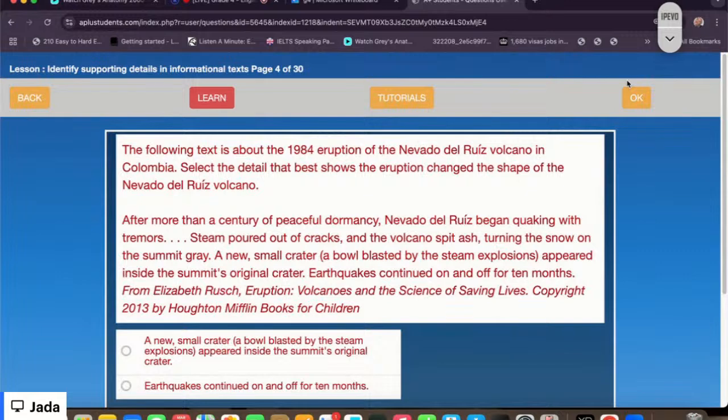All right, so we have this one over here. The following text is about the 1984 eruption of the Nevado del Ruiz volcano in Colombia. Select the detail that best shows the eruption changed the shape of the Nevado del Ruiz volcano. So is it the first or the second? So you can share your answers with me.